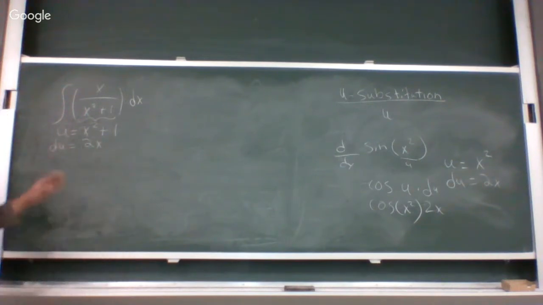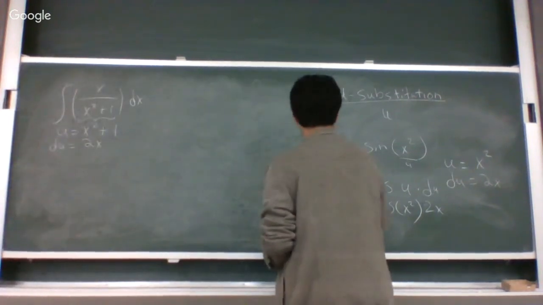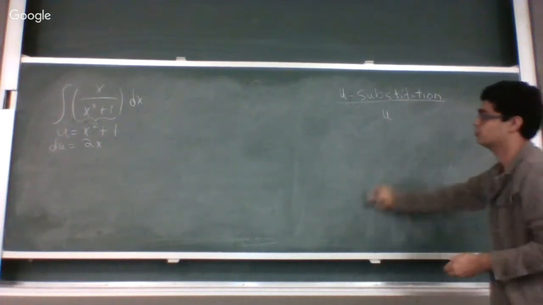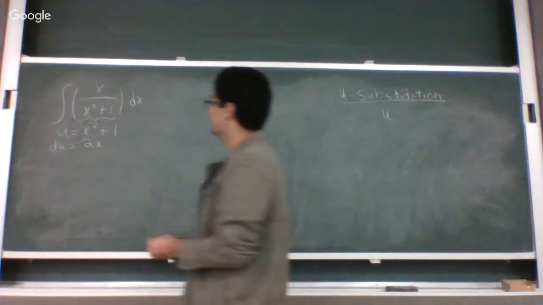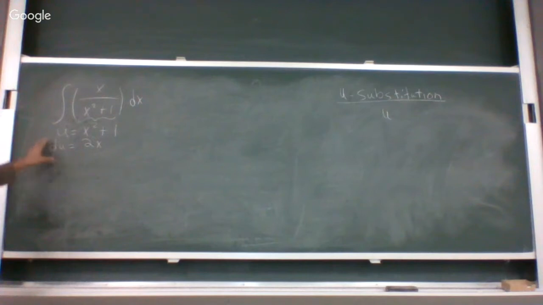Okay? We learned, so that's u substitution. Converting that problem into something with a u. That's what we're trying to do. We're trying to convert this problem so that everything is in terms of u, or du.